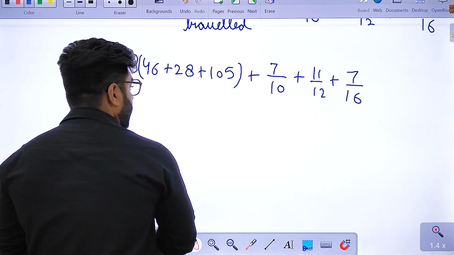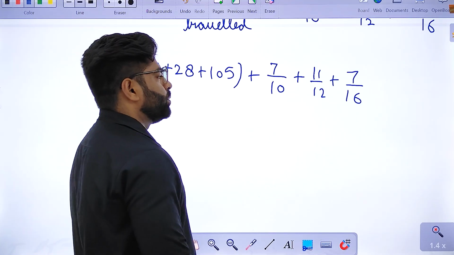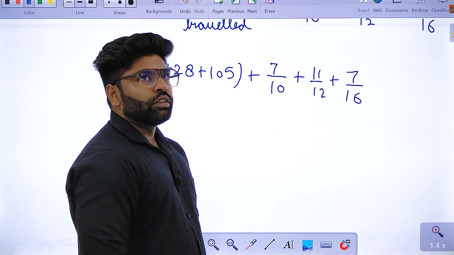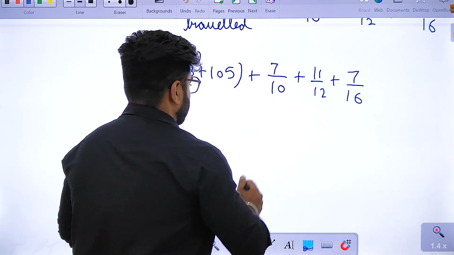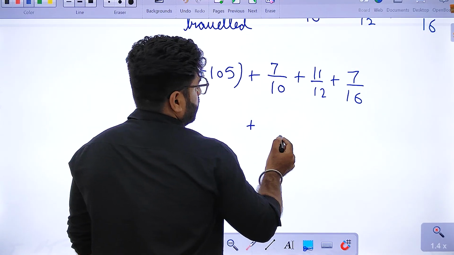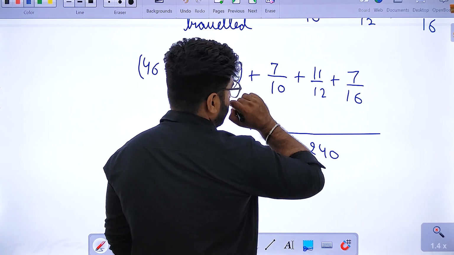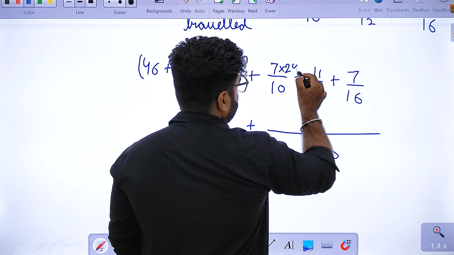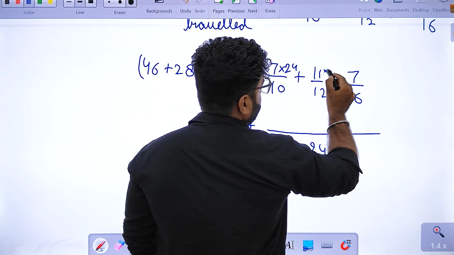Okay. So we have to take the LCM of 10, 12, 16. So we are having 16 threes are 48, 48 into 5. Now we are having common LCM, that is 240. Here we are having 24. Here we are having 20.